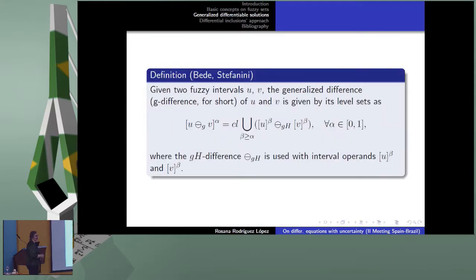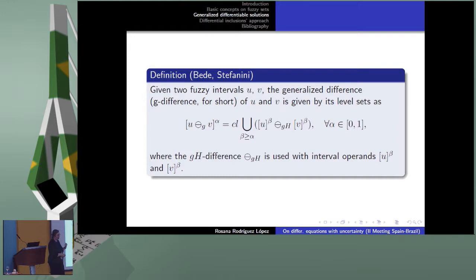And another even more general notion of differentiability of fuzzy functions is based on the G difference, just called generalized difference, which is constructed in this way. The alpha level set, for alpha fixed, is obtained as the closure of the union of the GH difference of the levels with beta greater than or equal to alpha.